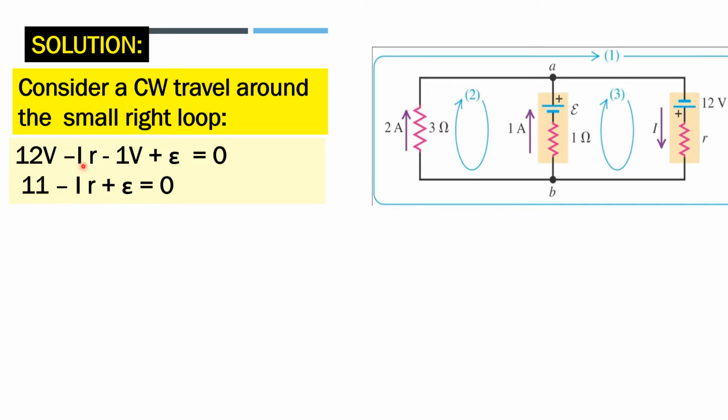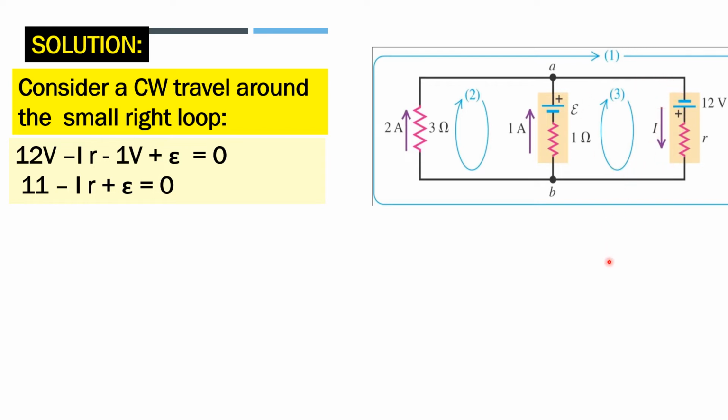Bring down the negative IR, or minus IR, plus the unknown EMF, or epsilon, equated to 0. So this is our first equation, which we came up with when we considered a clockwise travel around the small loop to the right.